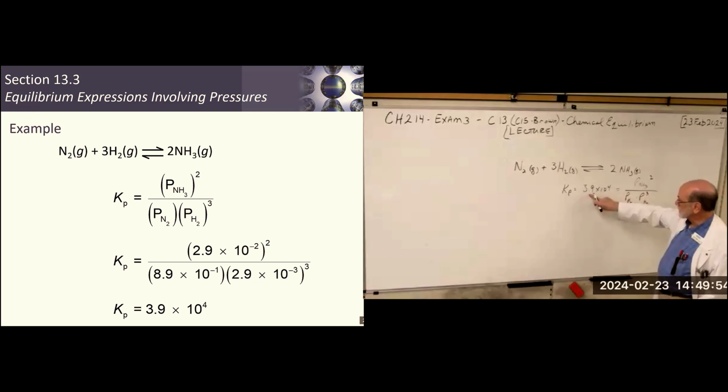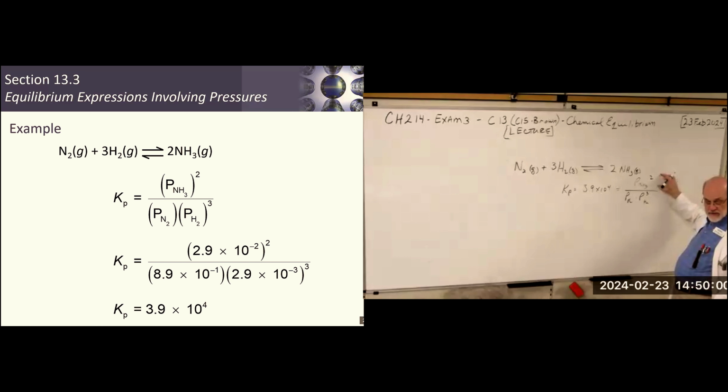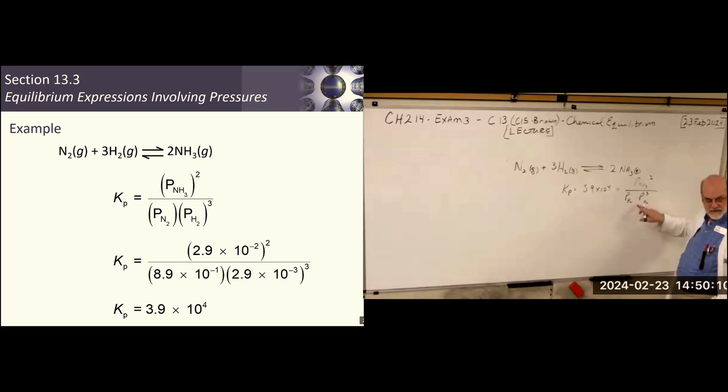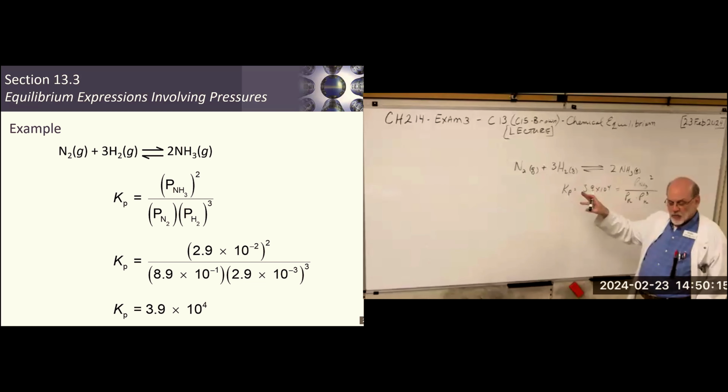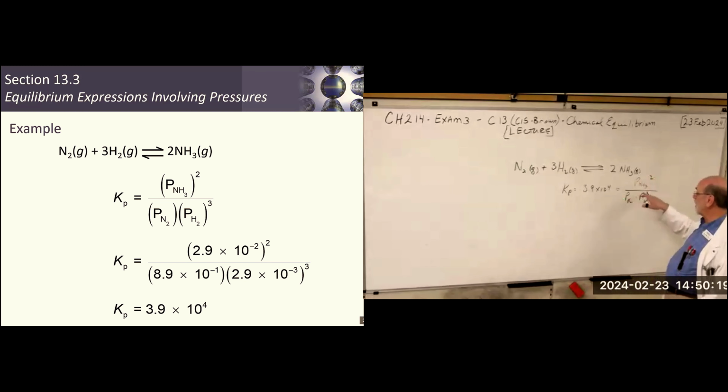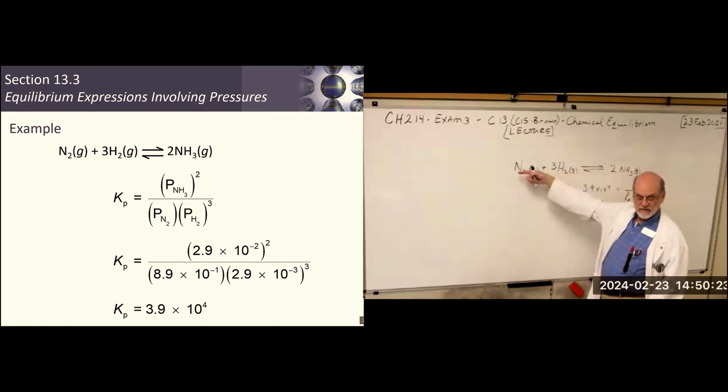That means, with this very large number, that the equilibrium under these conditions is mostly to the right, because the numerator has to be huge to give you that value, and the denominator has to be relatively smaller. So you can tell from the equilibrium constant whether the reaction is favored to the right or to the left. If it's a very small number, if this were negative 4, it would be that direction.